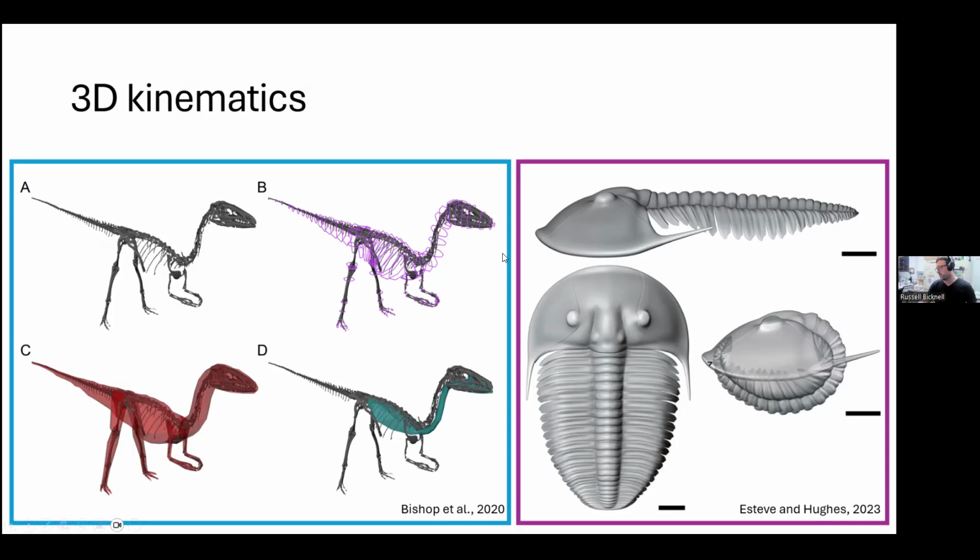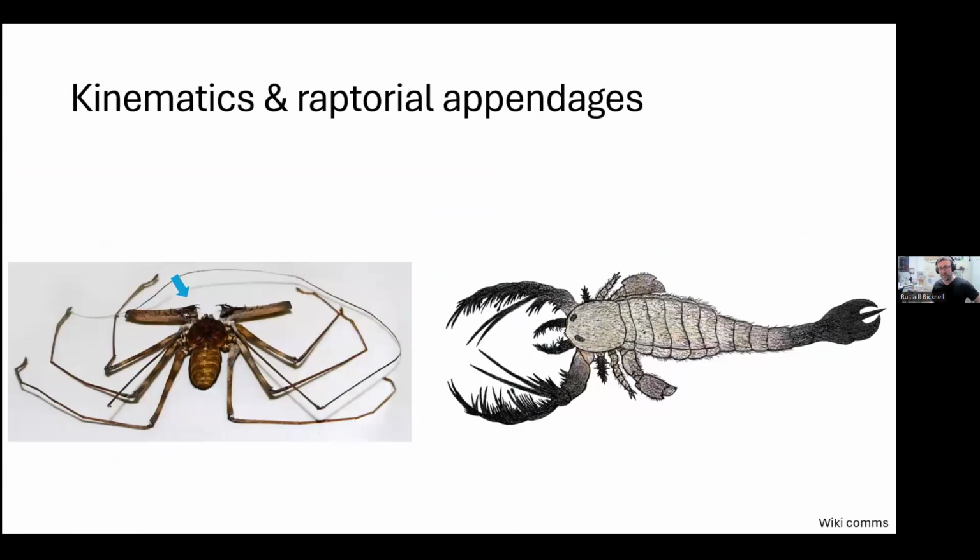So this is an example of a kinematic model of an Ordovician trilobite that was done by colleagues of mine. And this shows you how the animal moved to protect itself. So using this new toolkit, maybe we can ask questions about how predators move. And that's where these lovely animals come into play.